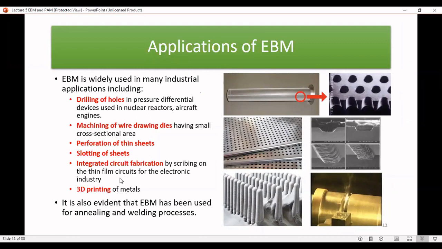This is for heat treatment, meaning that you can fuse the powdered metals at the locations that you want, and then build up the 3D print. You can also use EBM for annealing and welding. You can do spot annealing and you can do welding using this EBM technique.